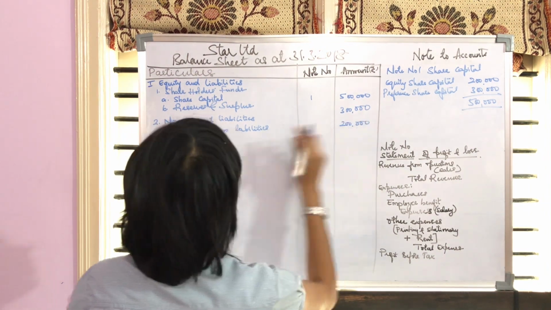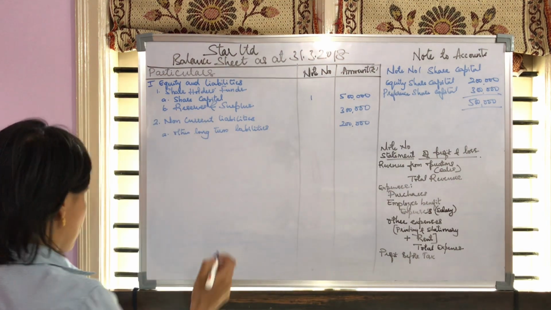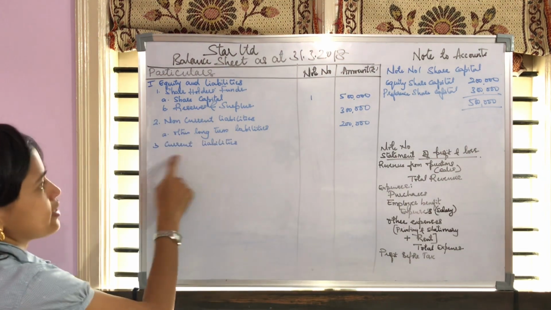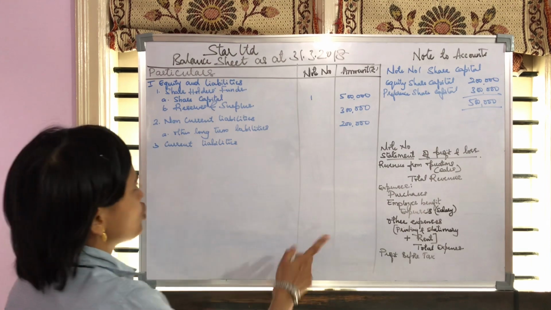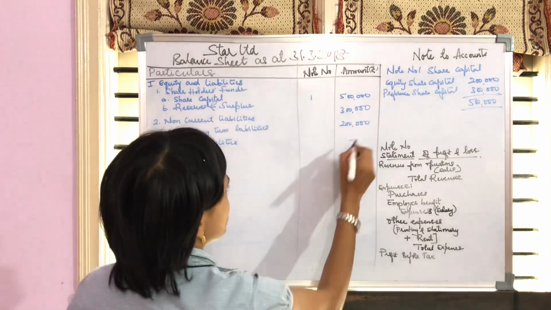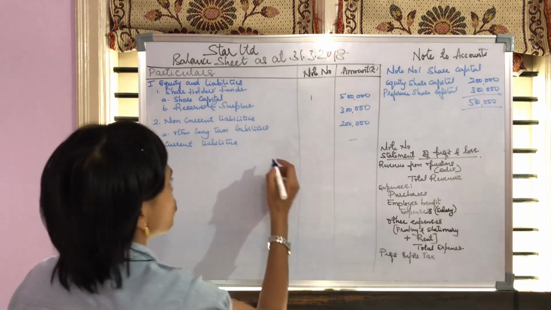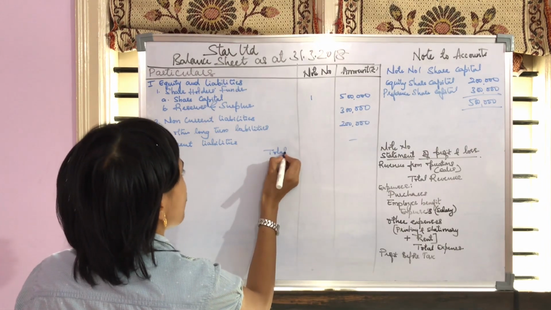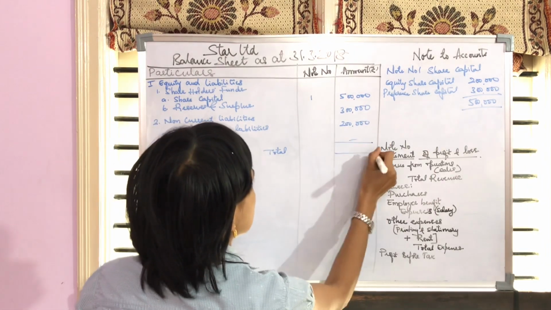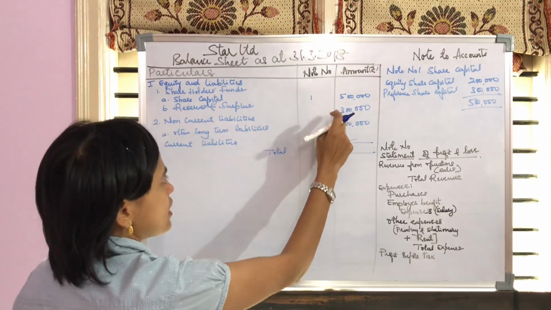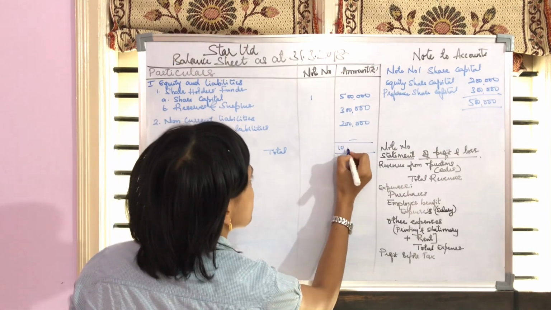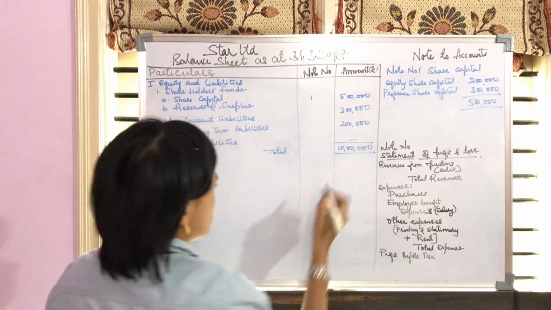No need to prepare note to accounts. The next item being current liabilities. There is no mentioning about current liabilities, so we will leave it as nil. Let's do the total of equity and liability. 5 lakh plus 3 lakh plus 2 lakh will give us 10 lakh rupees.